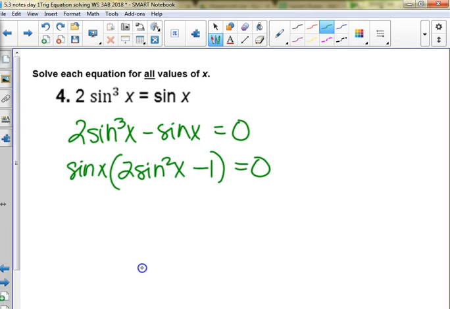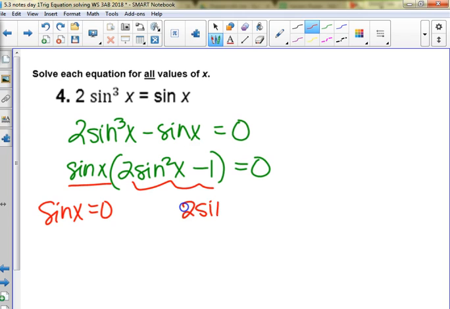Am I going too fast? Does this factor further? This is not a perfect square, right? Okay. So we can set this equal to 0, or this one equals to 0.